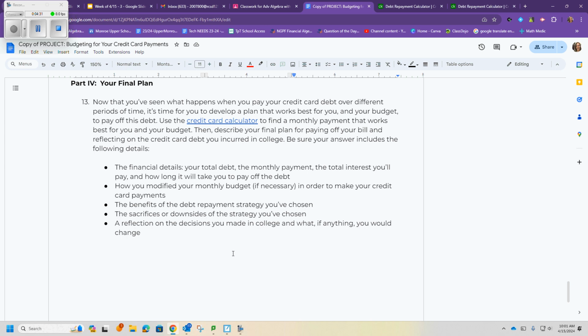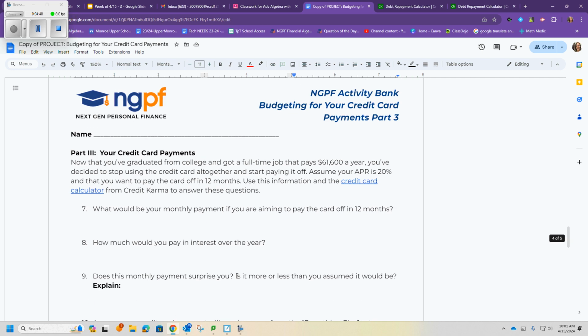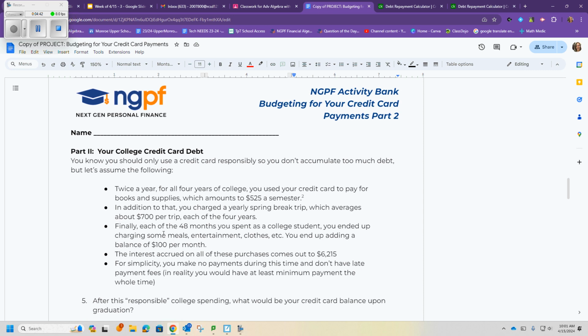So you want to reflect on those decisions and think about for you in the future when you graduate from high school, whether or not you're going to college. It doesn't matter. You could be making some of these purchases, even just this $100 per month. Are you going to spend that much and charge it on a card? Are you going to want to go on any trips?